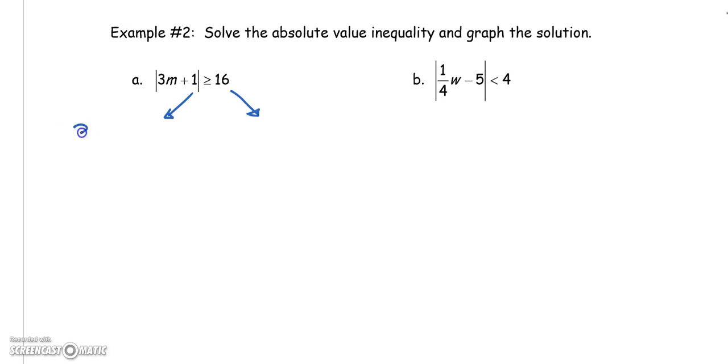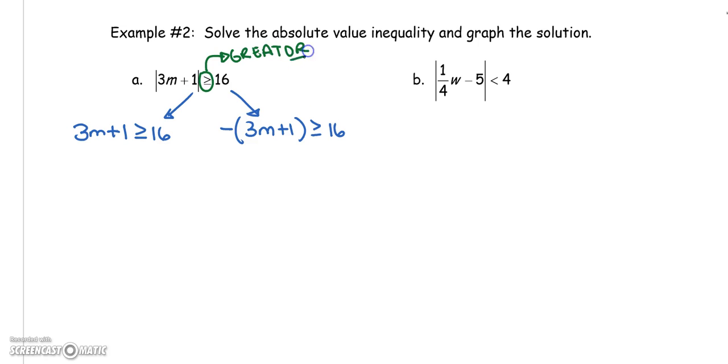So 3m plus 1 is greater than or equal to 16, and 3m plus 1 in the negative direction is greater than or equal to 16. I am going to circle this, and I know this is greater, so I see the OR there. I'm going to put an OR right between those two problems. That would be our way of setting up the compound inequalities for the absolute value inequality.